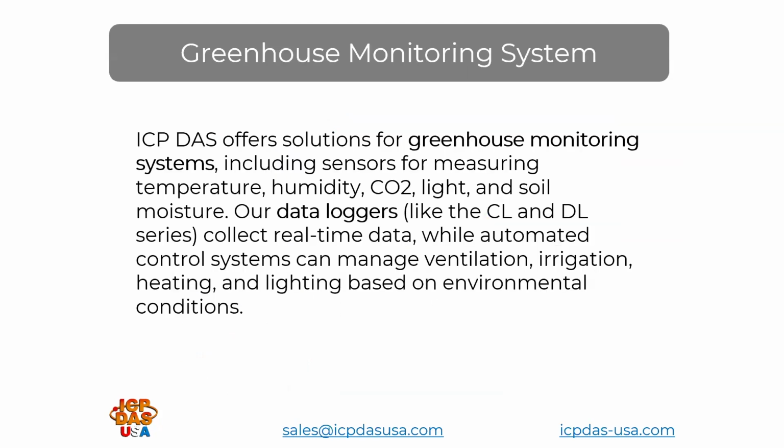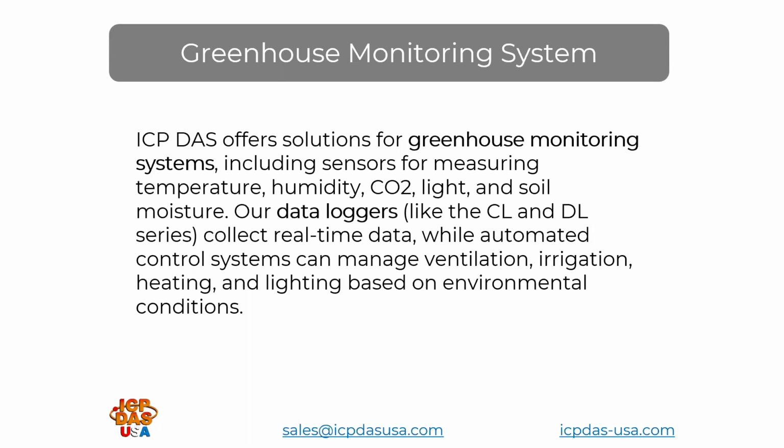ICP DOS offers advanced solutions for greenhouse monitoring systems, including sensors for measuring temperature, humidity, CO2, light, and soil moisture. Their data loggers, like the CL and DL series, collect real-time data, while automated control systems can manage ventilation, irrigation, heating, and lighting based on environmental conditions.